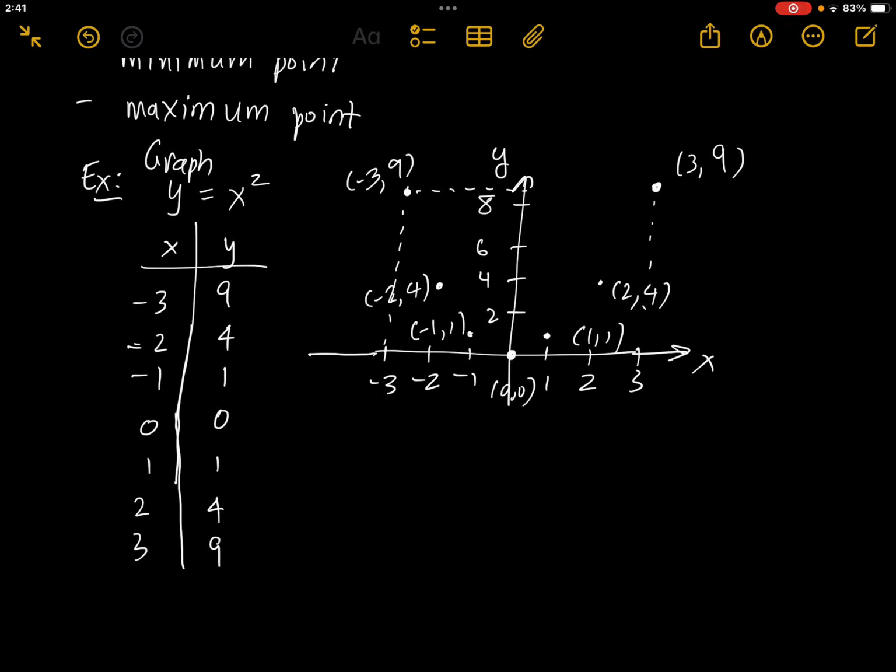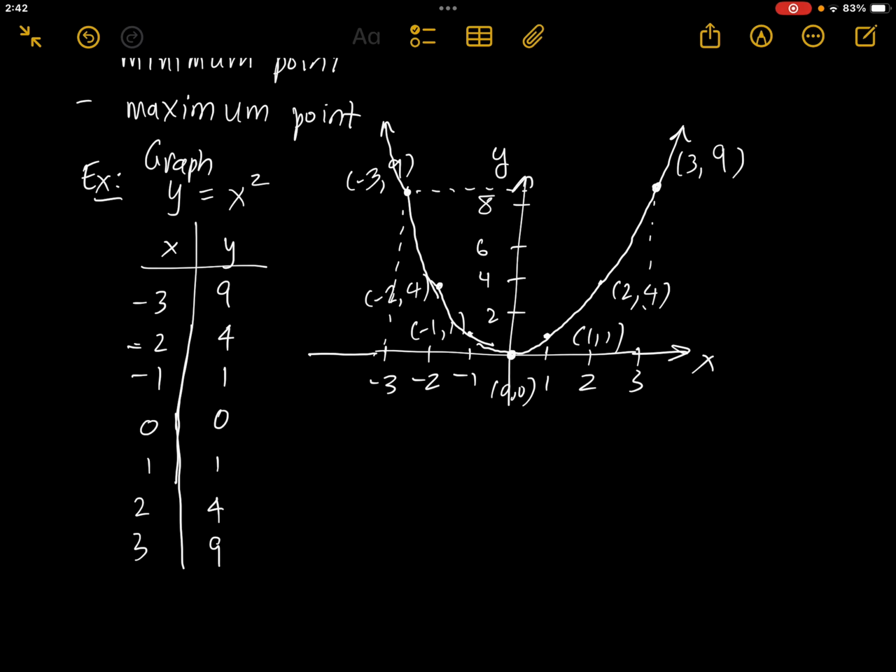And if I connect the dots with the curve, I get something like this, and it just goes on forever. If I plot in many more points, you're going to get a graph that looks like this.